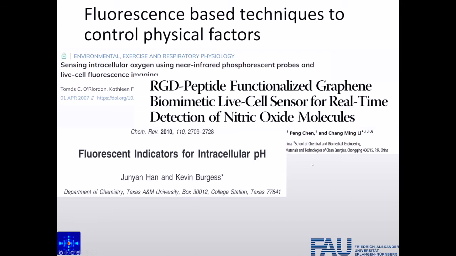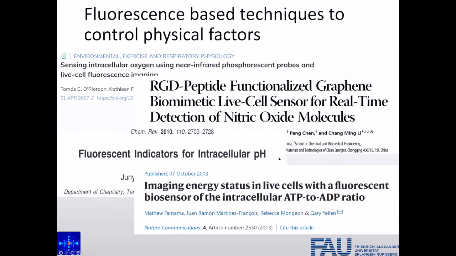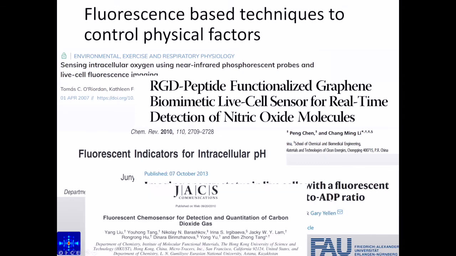You can measure the pH by fluorescence. You can even measure the ATP to ADP ratio. And as I already mentioned, you can measure with fluorescence the concentration of carbon dioxide in your sample. This gives you the chance to prove the concentration in your sample at the time of imaging, and then you can also show that it's the same in the control and in the sample. You have the same settings, and this is good science.